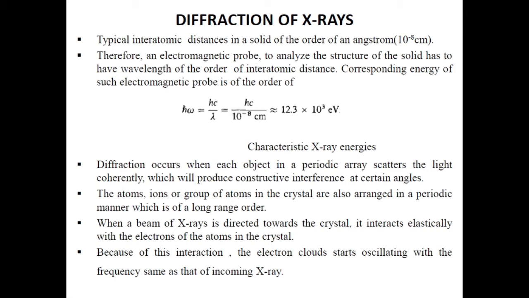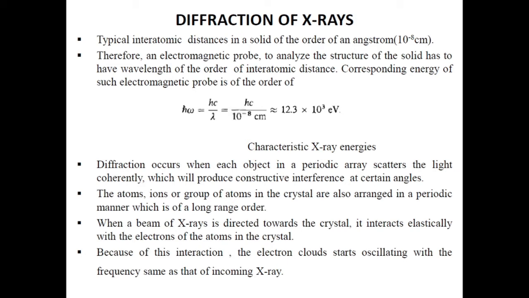So when the incident X-ray interacts with the electron clouds, the electron cloud starts oscillating with the same frequency as the incoming X-ray. Why? Because it is an elastic collision, there will be no loss of energy. The incident X-ray will not impart its own energy, or it cannot be absorbed.